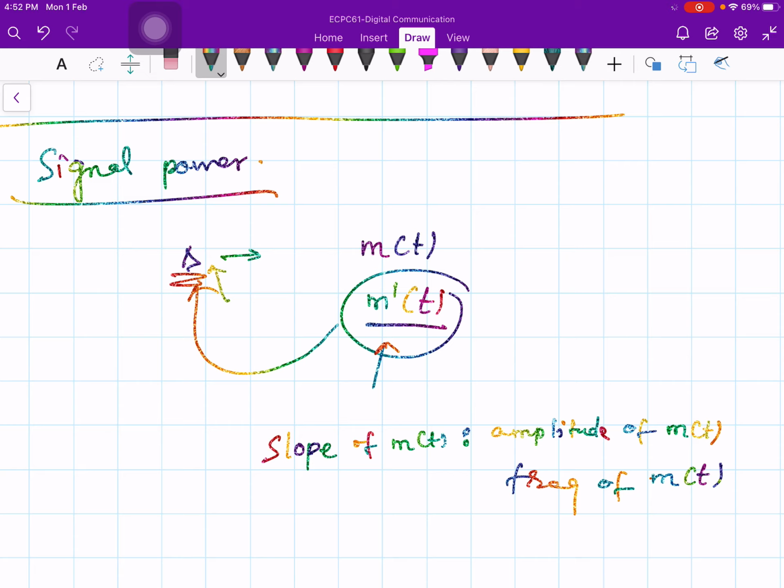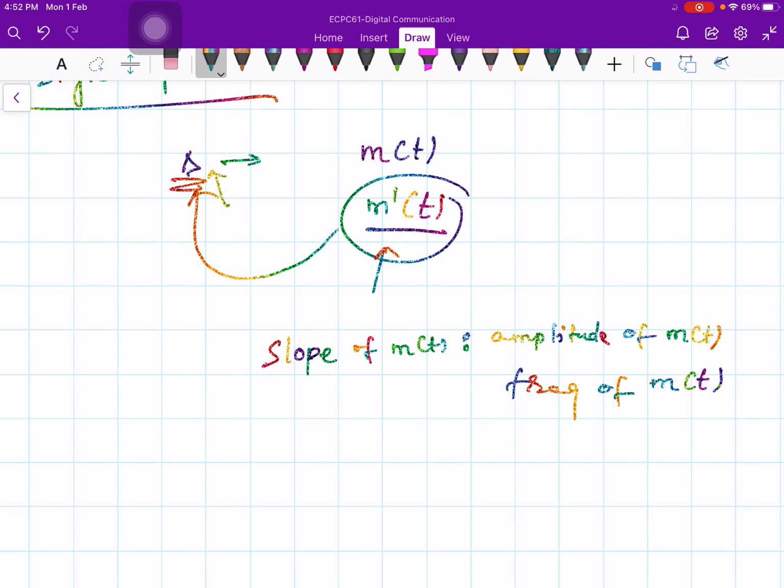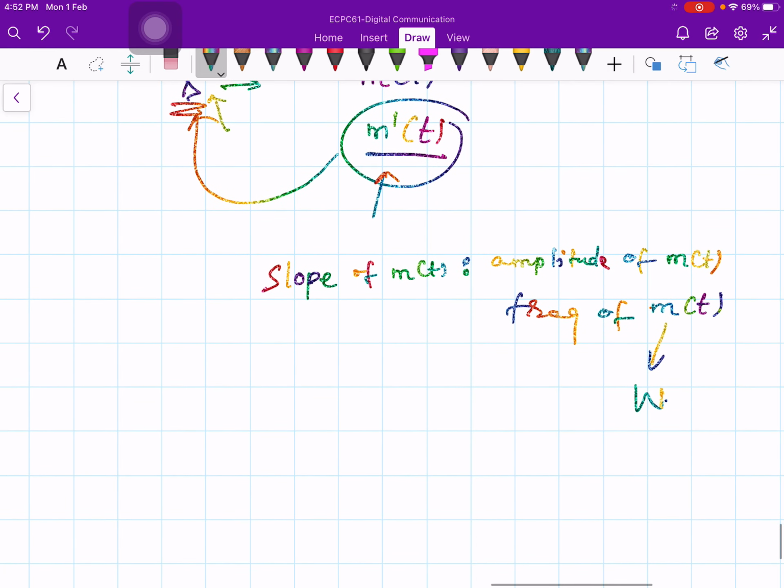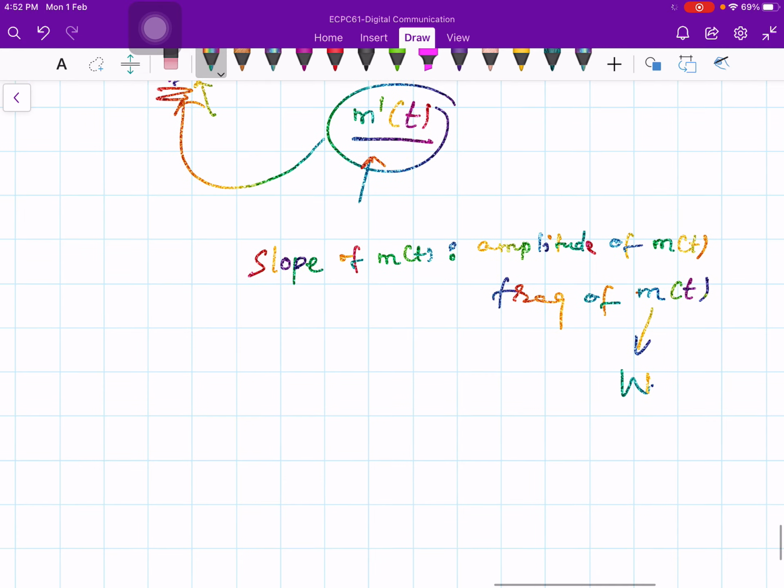Let's assume that the highest frequency component present in m of t is capital W. Just for simplicity, let us consider a sine wave with that frequency. To make our life easy, I am going to consider cos of 2 pi W t and assume that the amplitude is A. So this is my m of t.